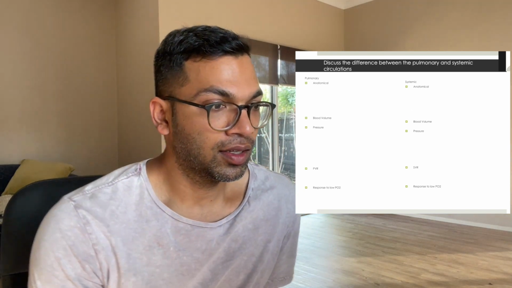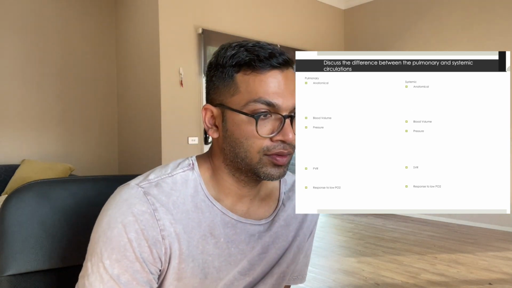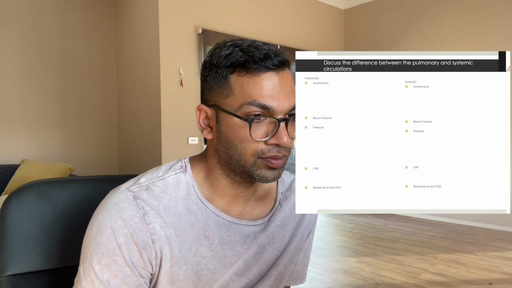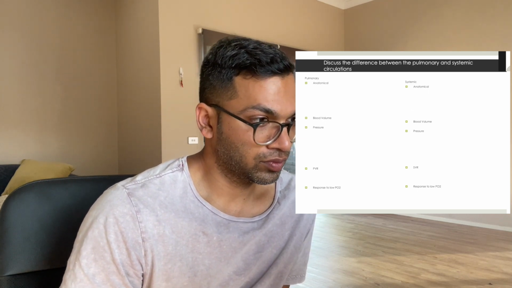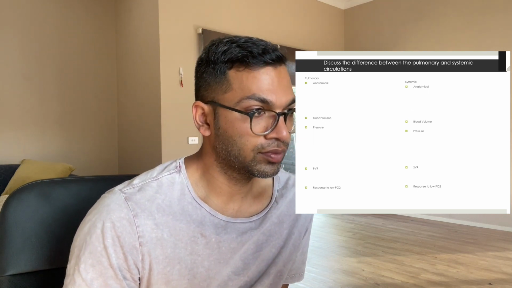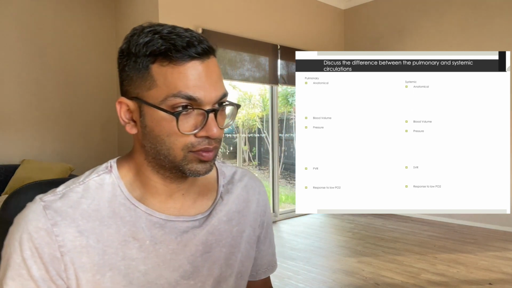So the pulmonary circulation is a low pressure, low resistance circulation. It has very thin walls with minimal smooth muscle and it's distensible, as opposed to systemic, which is high pressure, high resistance. So it's thick walled, with abundant smooth muscle, and is not as distensible.